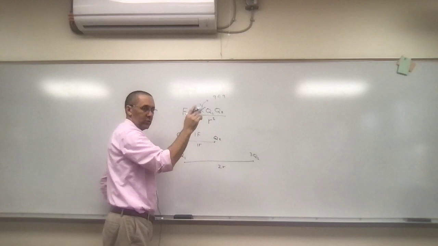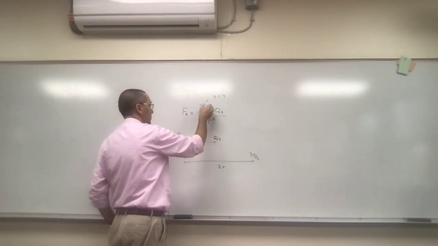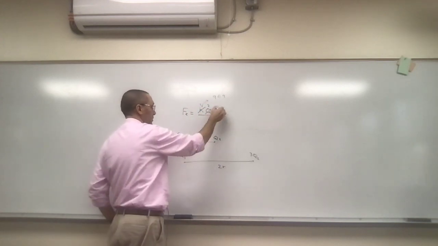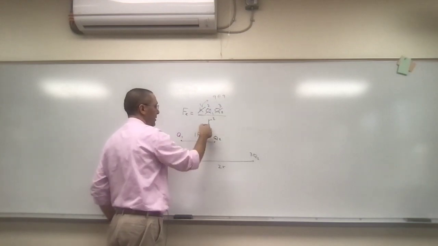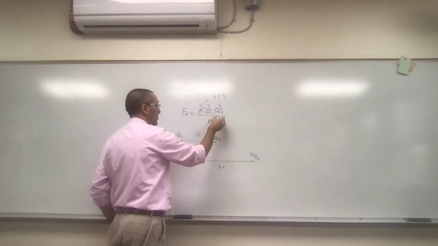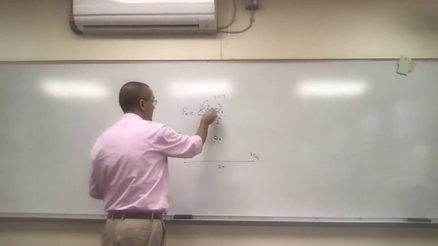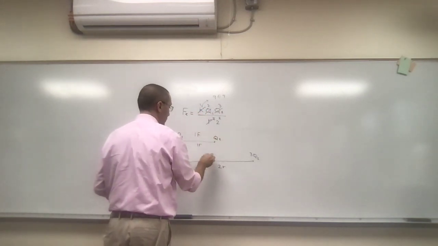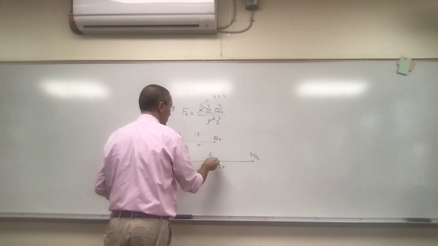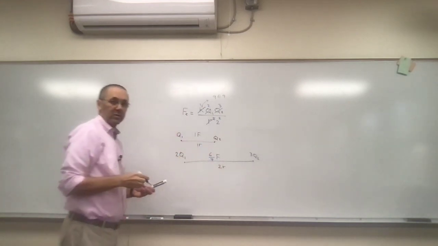You ignore it, in other words. This Q1 changed by a factor of 2. This Q2 changed by a factor of 3. This R changed by a factor of 2, but there's a square on top of it. So let's say that's 6 over 4. So this force here is 6/4 what it used to be up here.